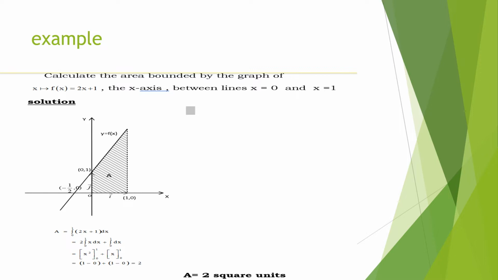And then the area is equal to the integral from 0 to 1 of (2x plus 1) dx. So the integral of 2x, as you all know, is x squared. Then the integral of 1 is x. Then you replace there 0 and 1 as lower and upper limits. So the answer will be 2. So the area of this region is equal to 2 square units.